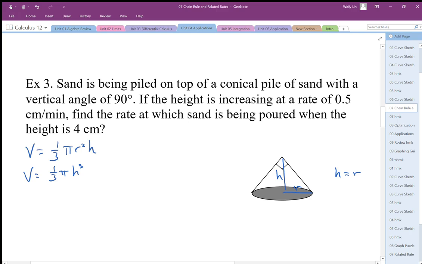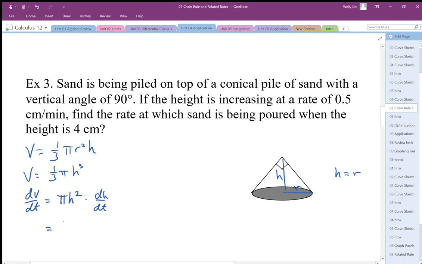So I've got my expression. I'm going to differentiate with respect to time, and I'm going to end up with pi h squared. Since height is an embedded function, I'm going to apply the chain rule. I've been given that rate.